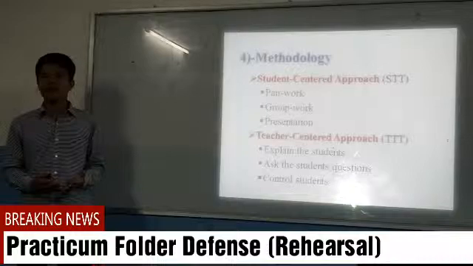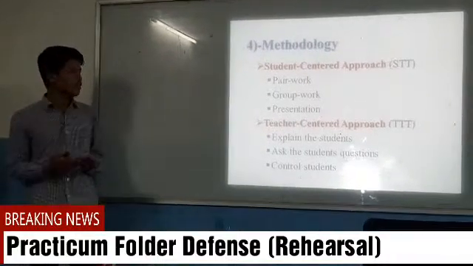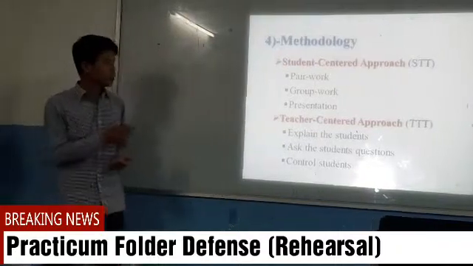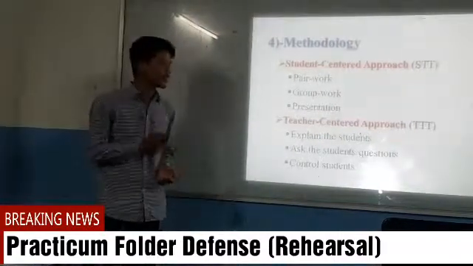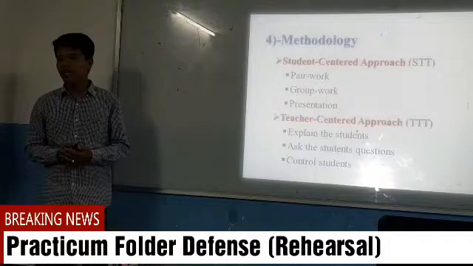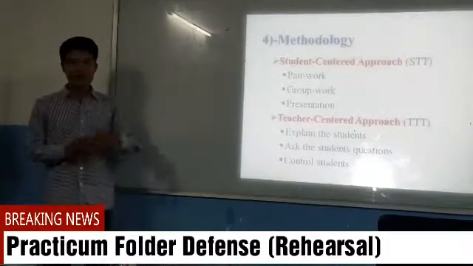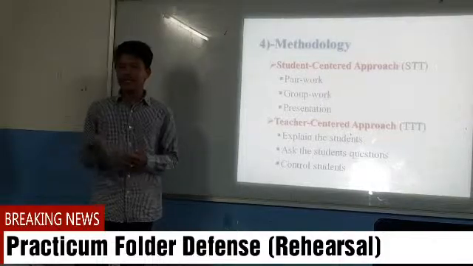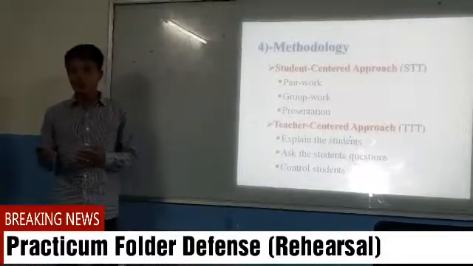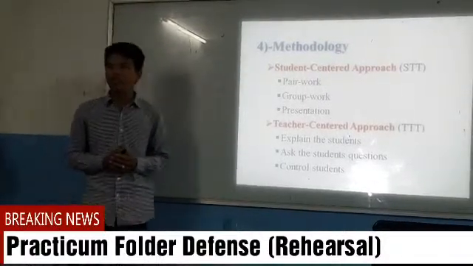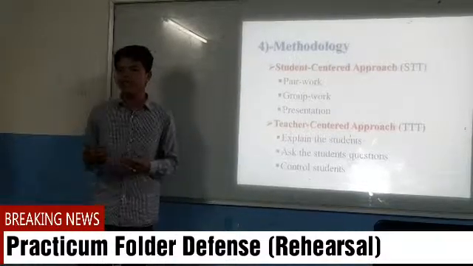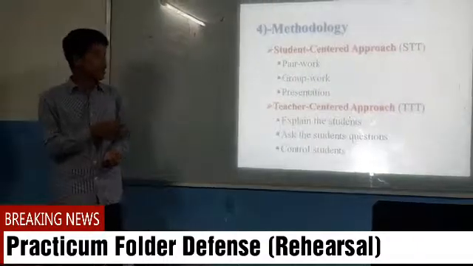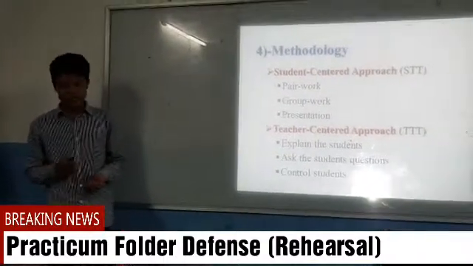So it's better, as I teach, to use the student-centered approach much more than the teacher-centered approach. I let the students work in pairs, challenge each other, and discuss the questions that I gave them. So this is the methodology about the activity and TTT.